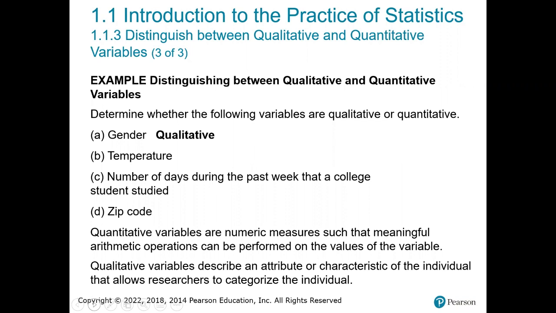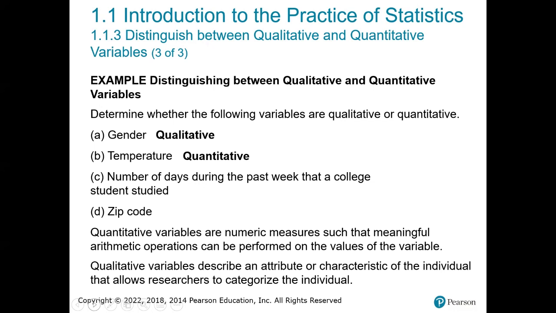Okay. Temperature. Temperature is a numeric value. It makes sense with these numeric values that I could average them. I could find a difference between them. It would make sense to find the difference between the high and the low value of the day. So those are quantitative. Temperature is a quantitative value.